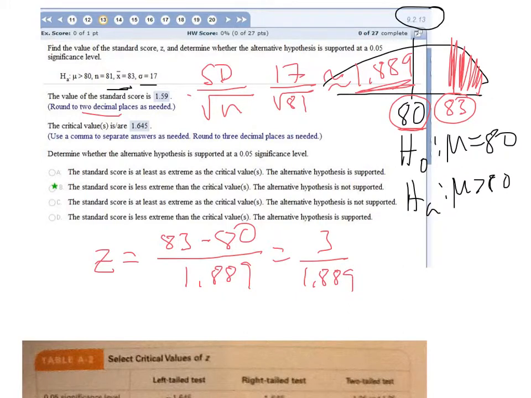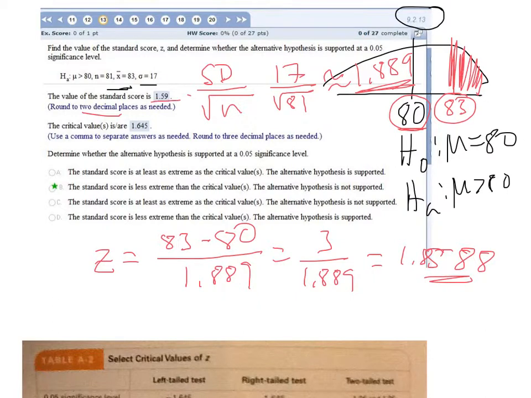What's 3 divided by that answer? I'm getting 1.588, and of course that would round to 1.59.